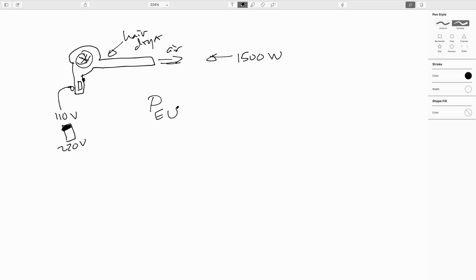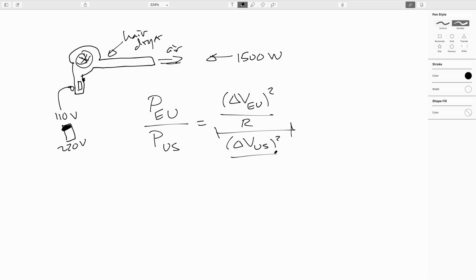We can say the power emitted by the hairdryer in the EU over the power emitted, say, in the US. Well, this will be the voltage in the EU squared over R, and then this will be the voltage in the US squared over R. And since we didn't throw the switch, it's still the same hairdryer. The resistance doesn't change, so we can cancel that.